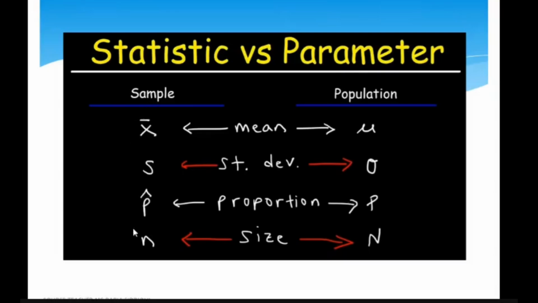These are the sample statistics and population parameters: x bar sample mean, population mean mu, sample standard deviation s, population standard deviation sigma, sample proportion p bar, population proportion p, sample size lowercase n, population size uppercase N. So these are the numerical measures which characterize the population, they are parameters, and these are the numerical measures which characterize the sample, and they are statistics.